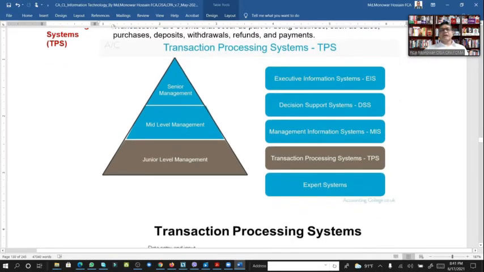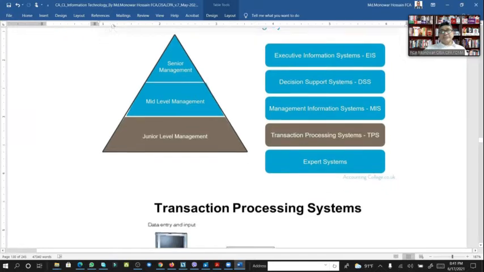So here, the transaction processing system, TPS, is the junior-level activity, and at the mid-level, there is MIS and DSS. Senior management also uses the executive information system, EIS, and decision support system, and MIS is also used by mid-level management, and also the expert system helps.